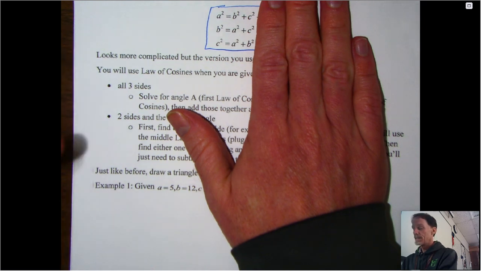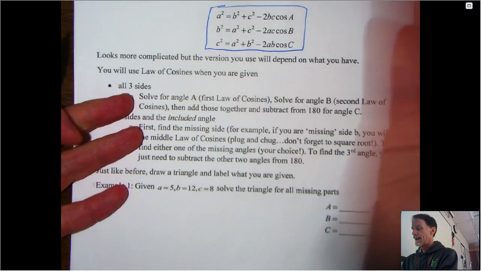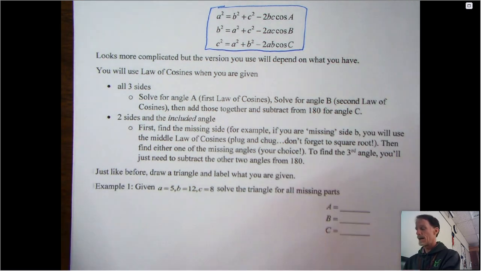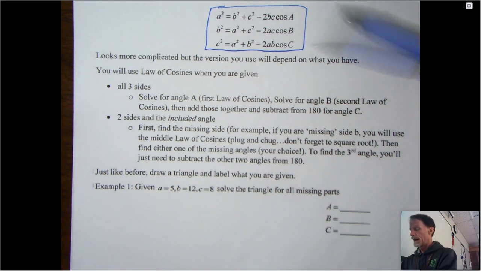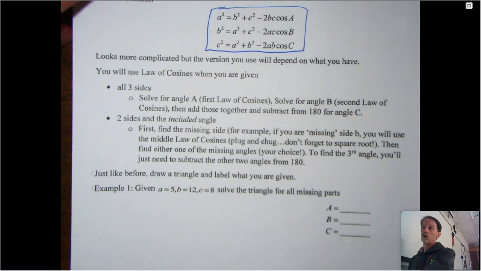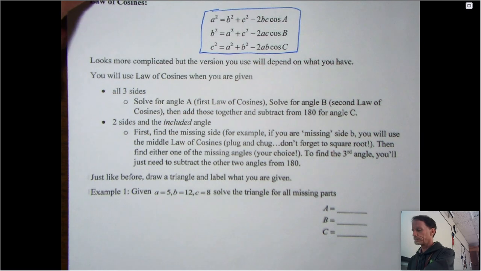What the law of cosines really is, is a stronger version of the Pythagorean theorem, because we know the Pythagorean theorem only allows us to solve right triangles. But the law of cosines allows us to solve any triangle, whether it has an obtuse angle or all acute angles or whatever. So this is really a general version of the Pythagorean theorem.